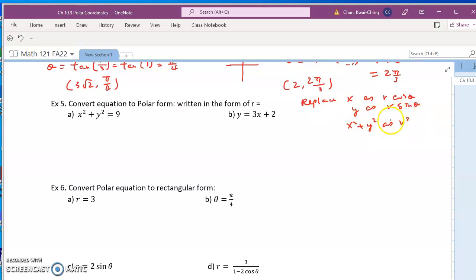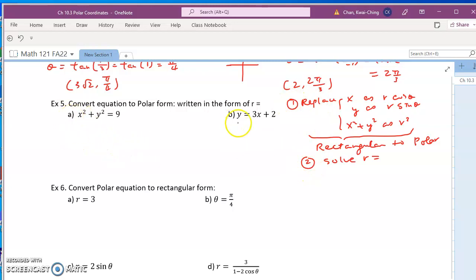So that is the strategy for converting a rectangular equation to polar. And then after that, you solve for r equals. So those are the steps: this is the first step, and this is the second step.